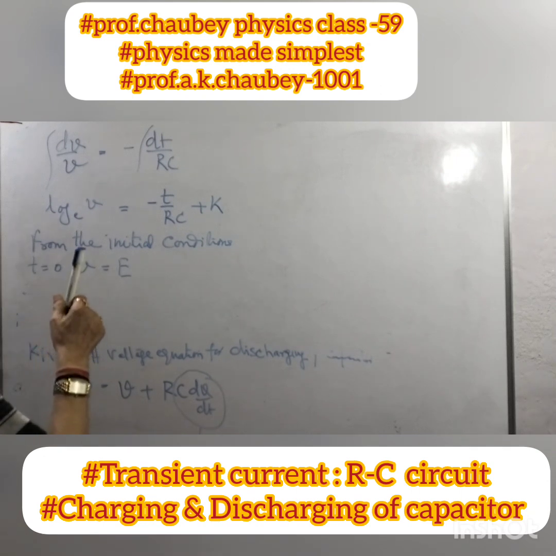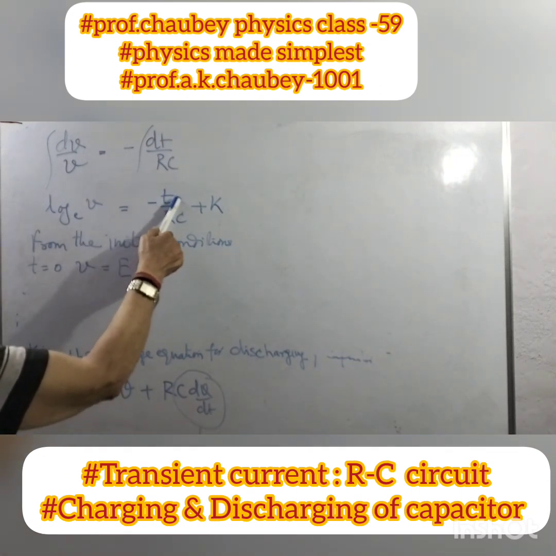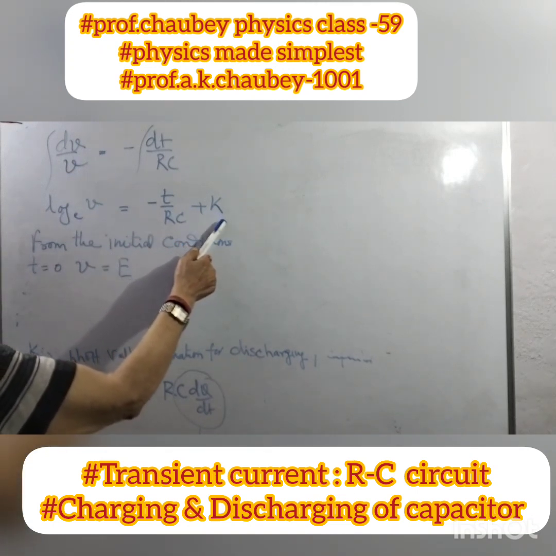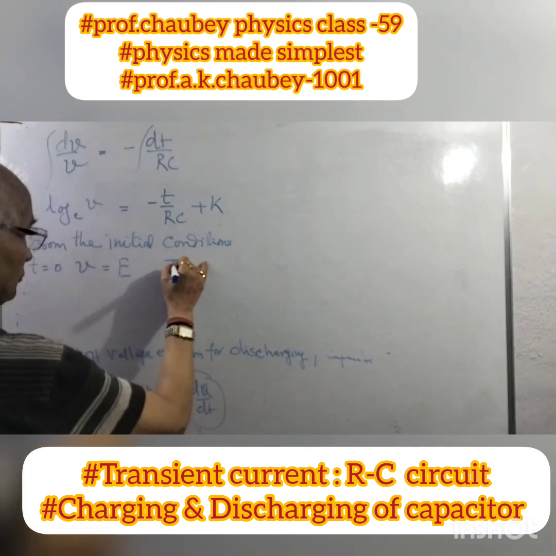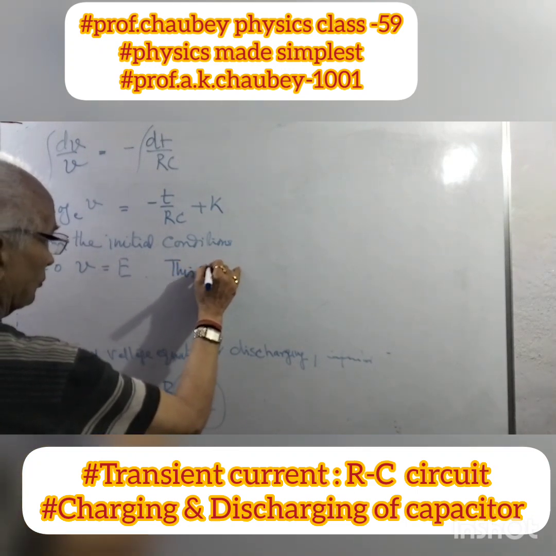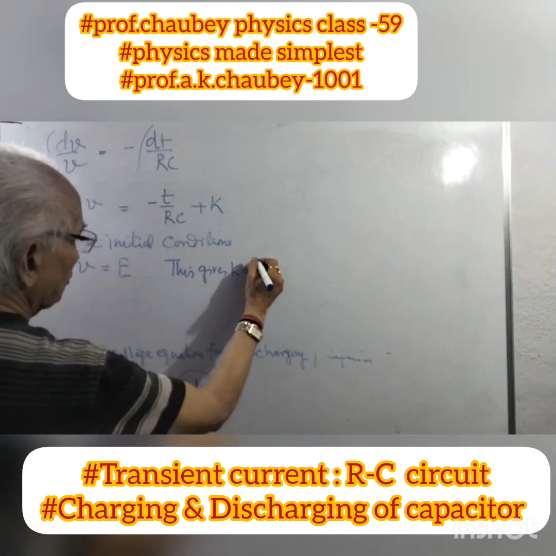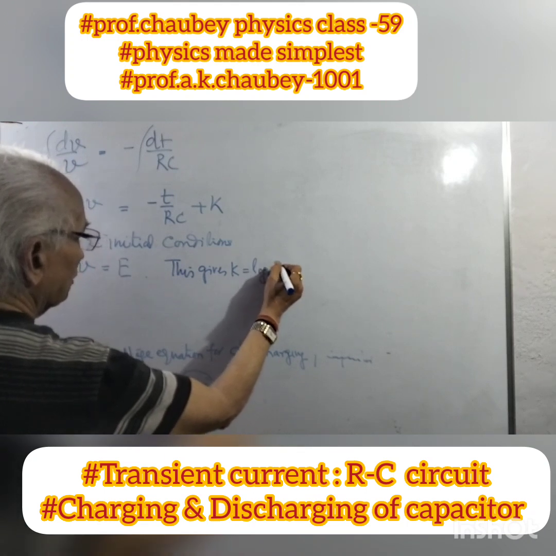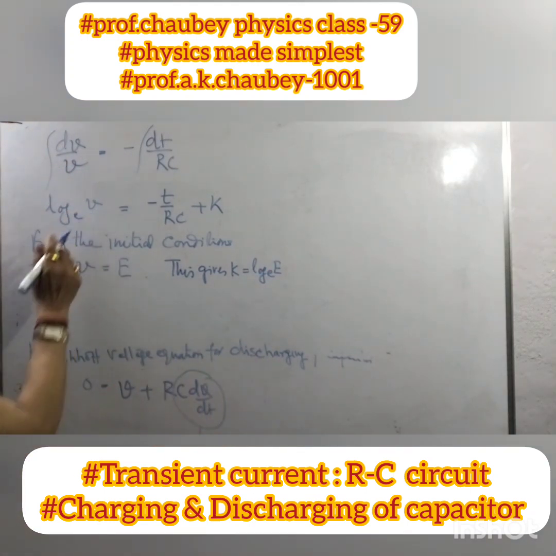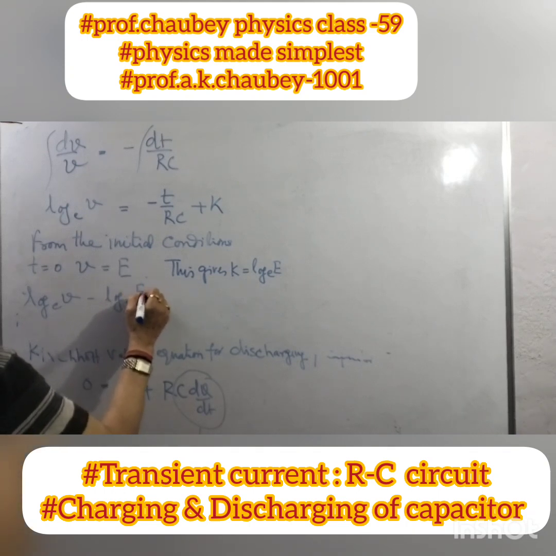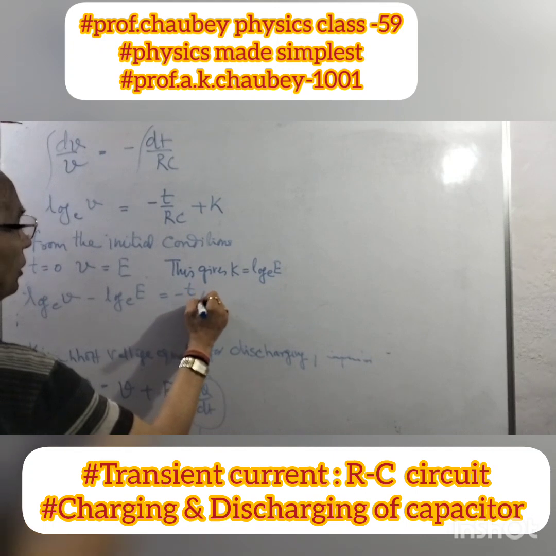So at t equal to 0, V is equal to E here, so you can get the constant K. This gives K is equal to log of E. So log of V minus log of E is equal to minus t over RC.